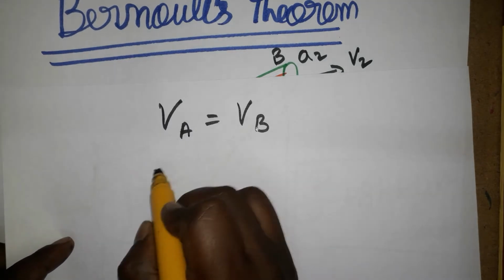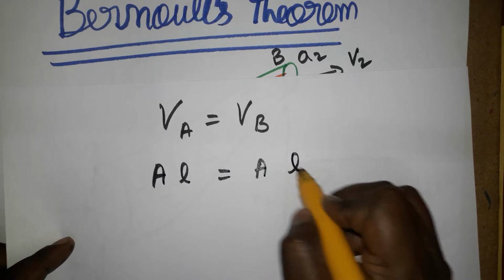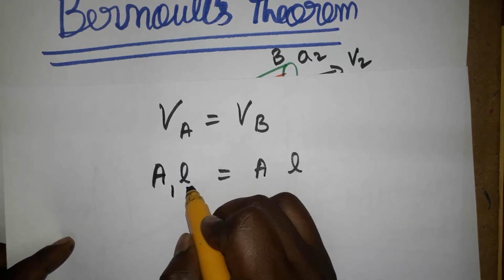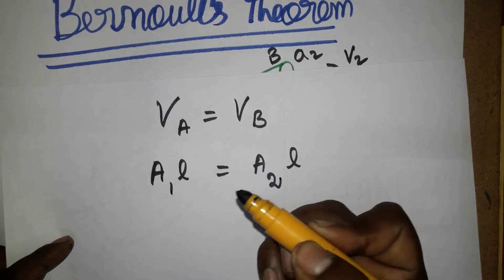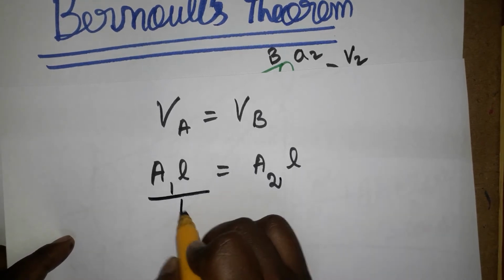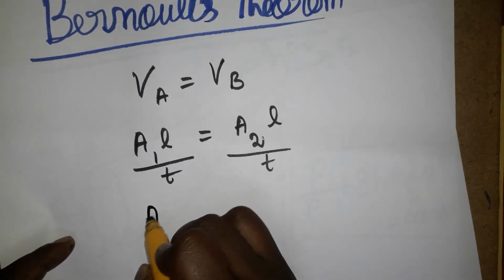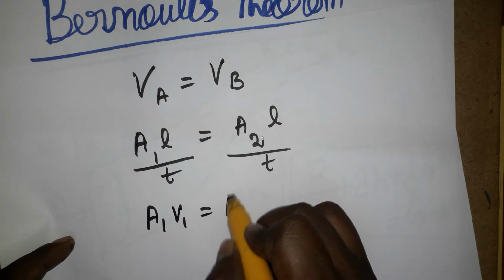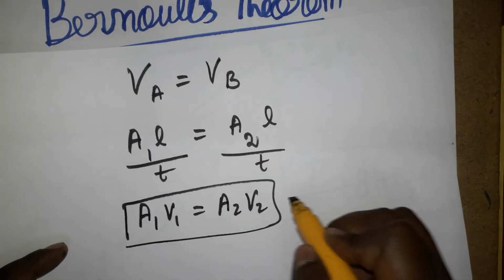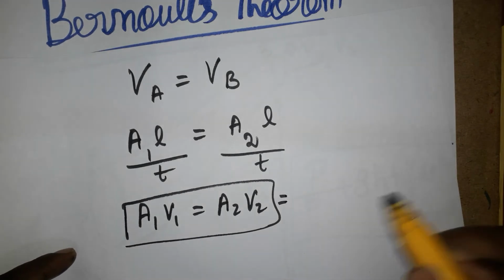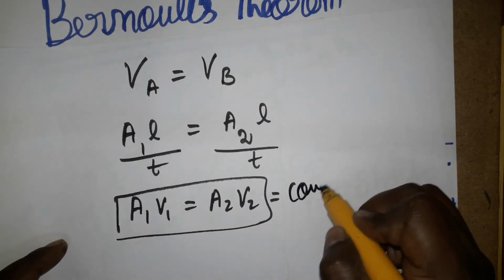Volume is area into length, A1 and A2. Dividing by time, length per time is velocity. So A1 V1 is equal to A2 V2. It is the equation of continuity. If you take a third point, A3 V3, fourth point A4 V4, it goes like that.